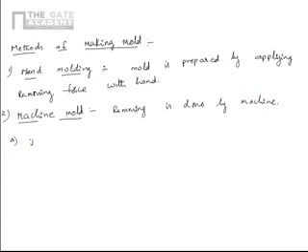The first method is jolting. In jolting, the force required for the ramming action is obtained from the external force of the machine. This machine molding is used for large size molds.